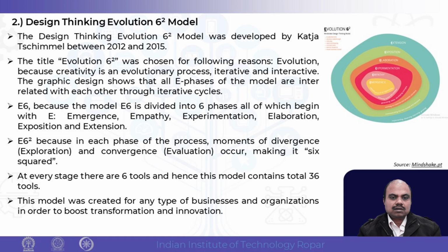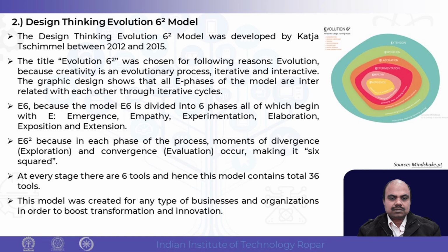It is called evolution because creativity is an evolving, iterative and interactive process, and the graphic design shown on the right side shows it evolving: emergence, empathy, experimentation, elaboration, exposition, extension. This is the core belief of this model.